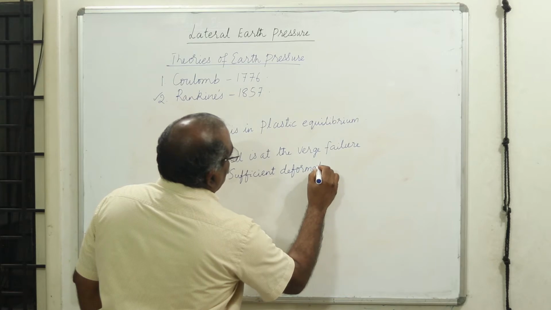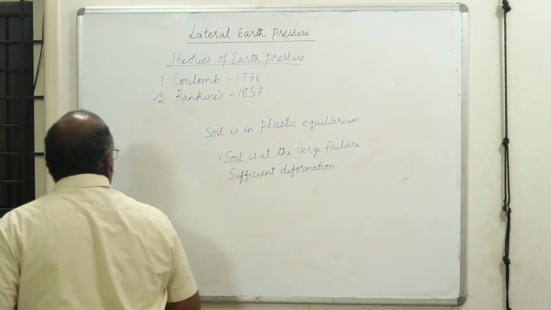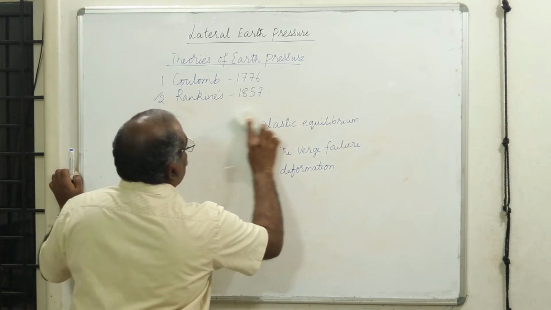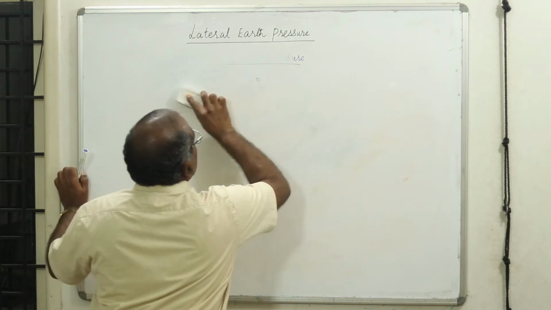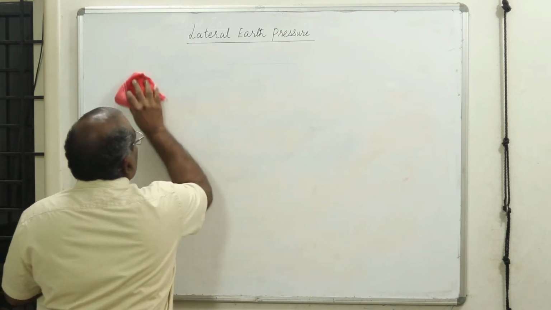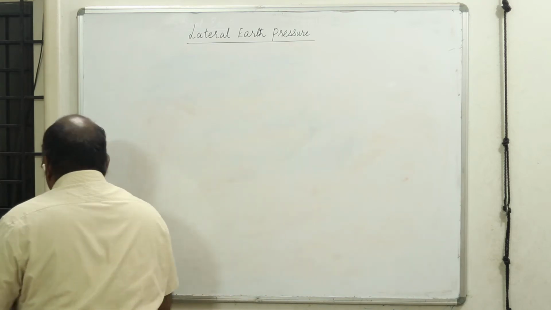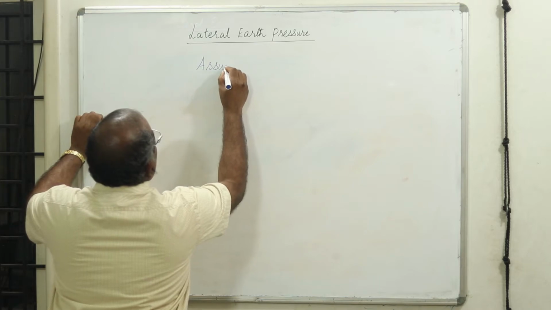Now, let us go into the assumptions. We will discuss Rankine's theory in more detail, take up various practical cases, and see how we can quantify the earth pressure. The first is the assumptions in Rankine's theory.